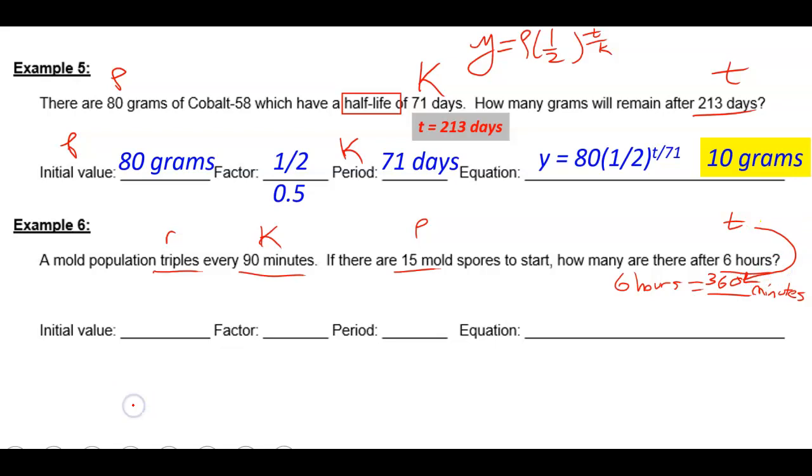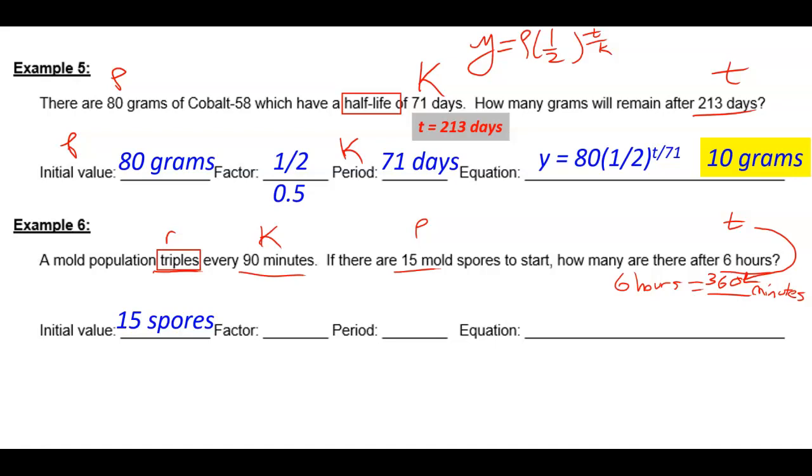Let's plug in. What's my initial value? What's my P? All right, put 15 here. What's my factor? How much is it changing each 90 minutes? Keyword, not 6.